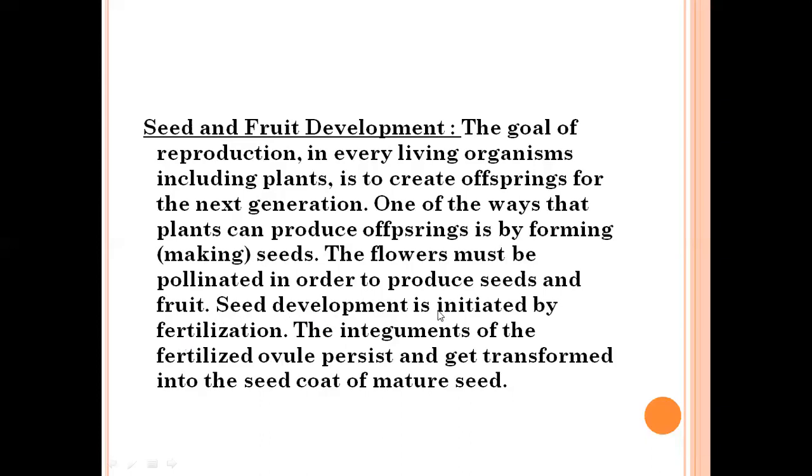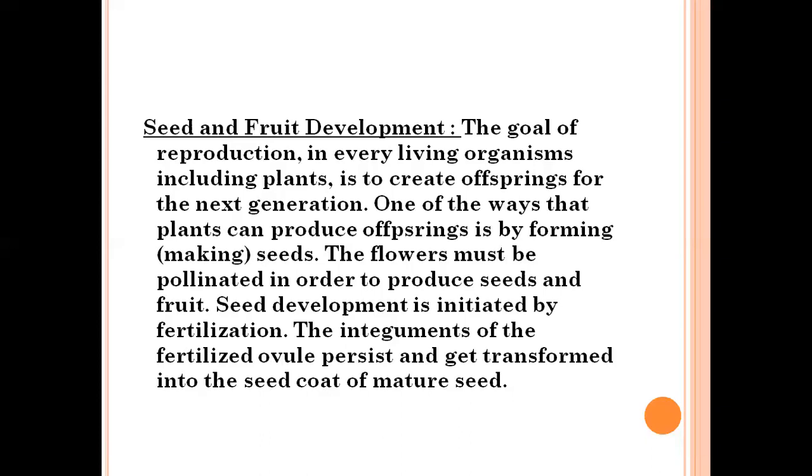Seed development is initiated by fertilization. You should revise that topic, post fertilization changes, where we discuss how the seed formation takes place. After fertilization there is a union of the male gamete with the female gamete, and then after some period there is the formation of seeds.